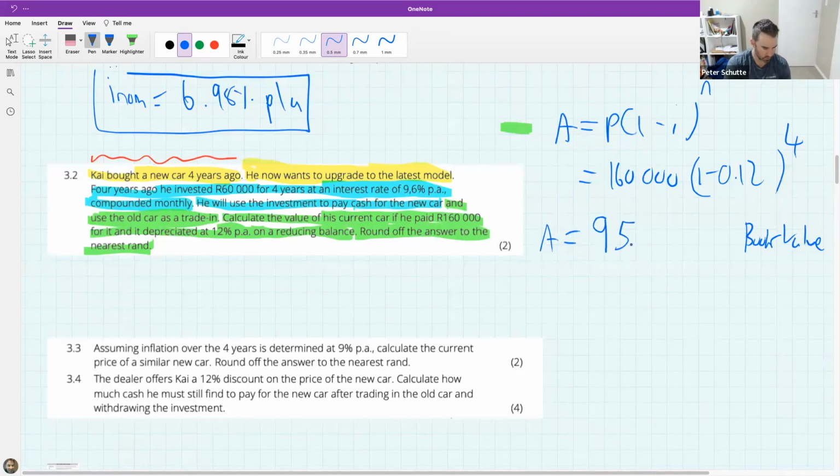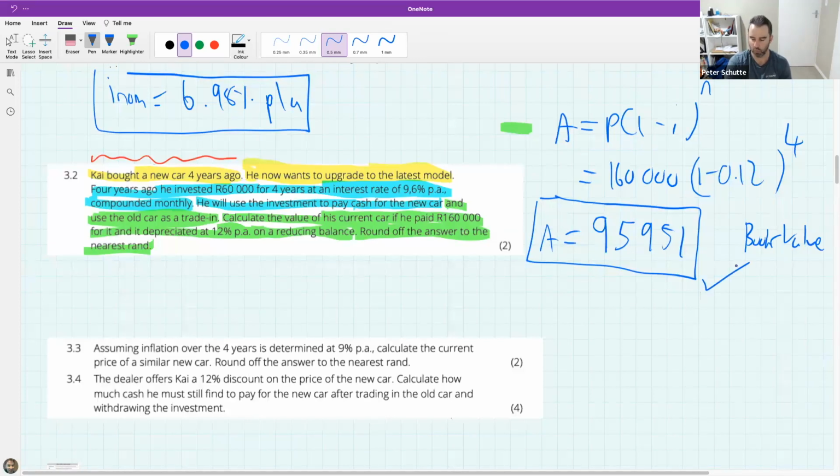My calculation, maybe I'll see if you agree with me, is 95,951, and it says to the nearest Rand. So I'm actually going to leave it at 95,951 if I round to the nearest Rand. So that's how much money is left. Basically, that's how much value is left in the old car.